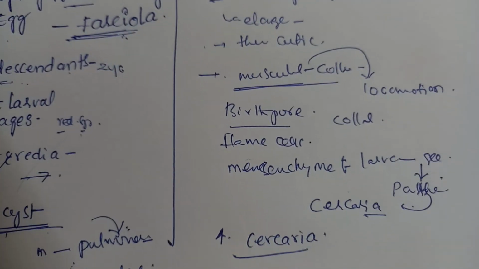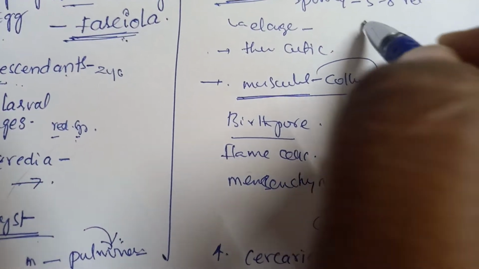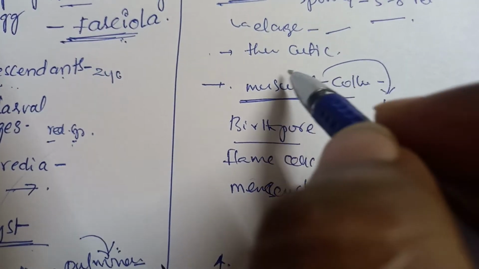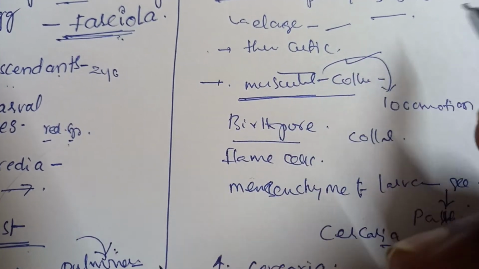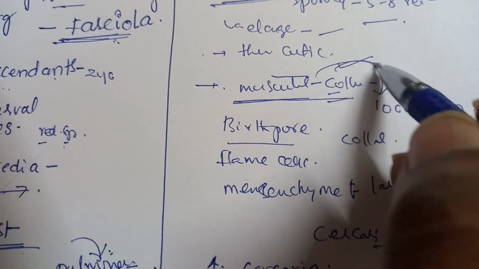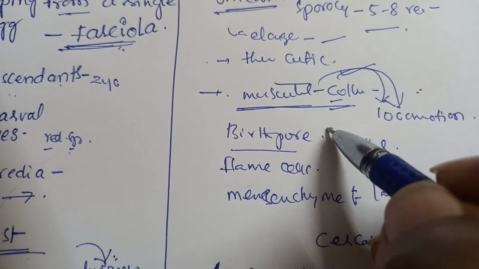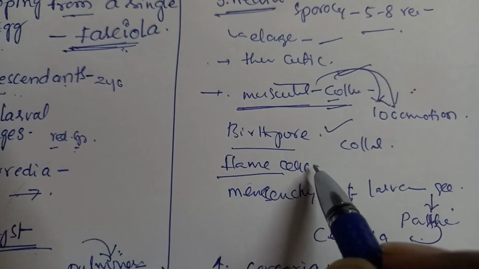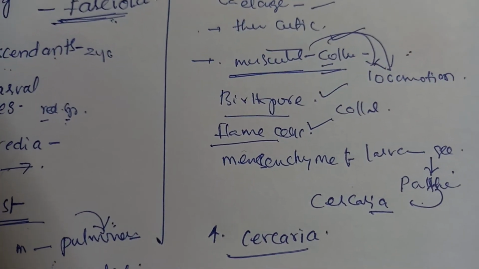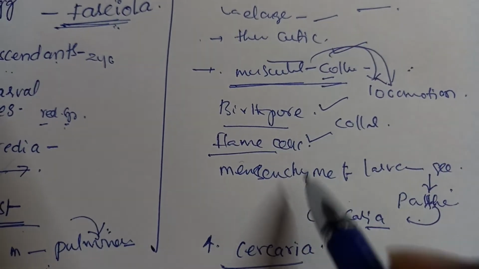So in this Radia larva, each sporocyst produces 5 to 8 Radia larvae, and this larva has an elongated structure. It is covered by a thin cuticle, and it has a muscular collar, and this muscular collar mostly helps in locomotion. Also the birth pore is present near the collar, and flame cells are present in the Radia, and these germ cells are also present in the mesenchyme.